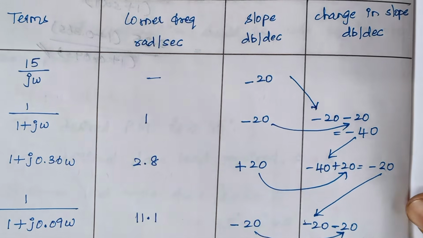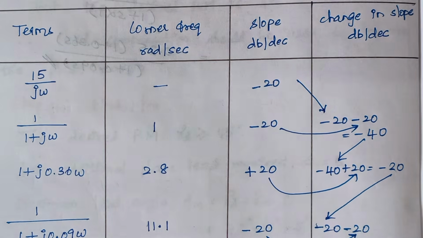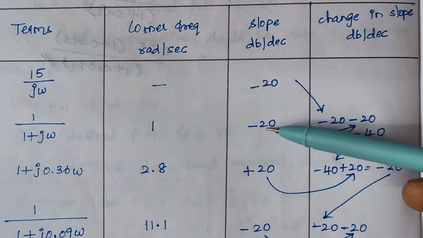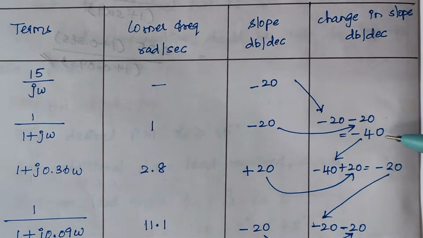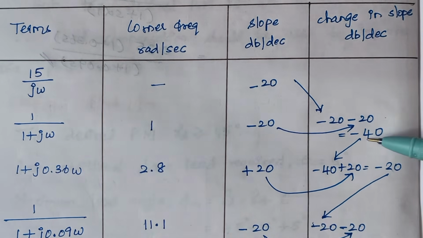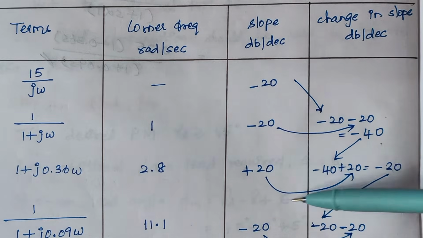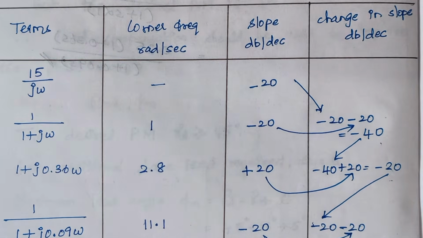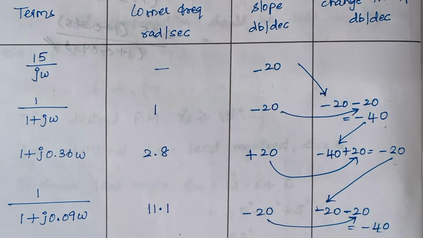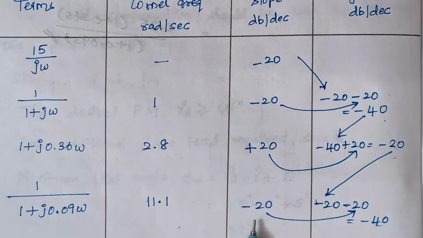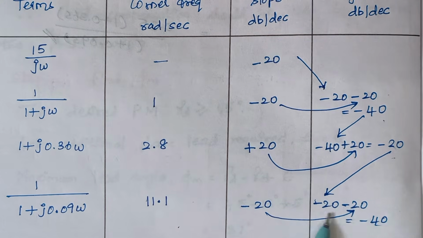Again this is the change of slope. As usual, this minus 20 comes down and we shift this minus 20 to the right hand side, so it is minus 40. Again we substitute minus 40 here and shift this plus 20, so the answer is minus 20. Finally minus 20 is moved downwards and again this minus 20 is moved to the right hand side, so the answer is minus 40.